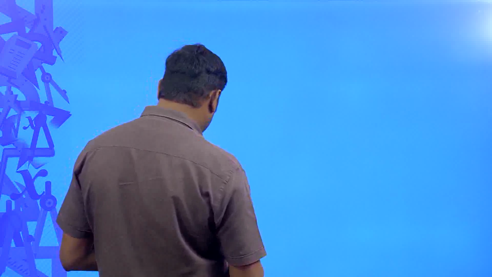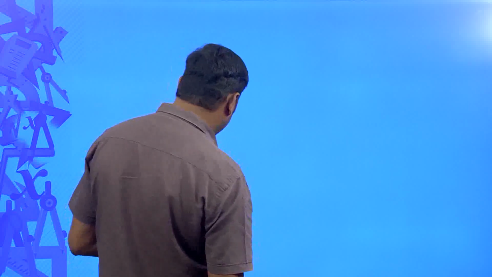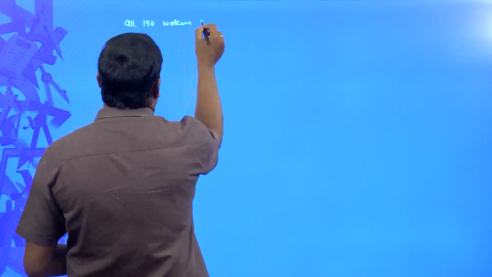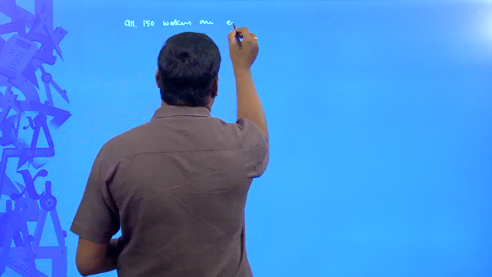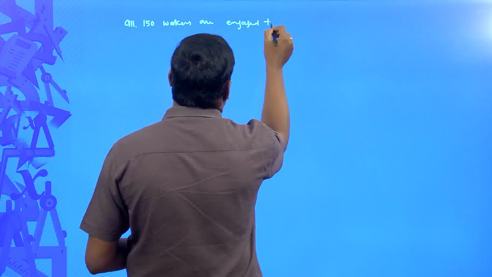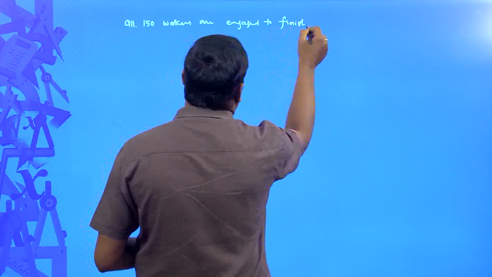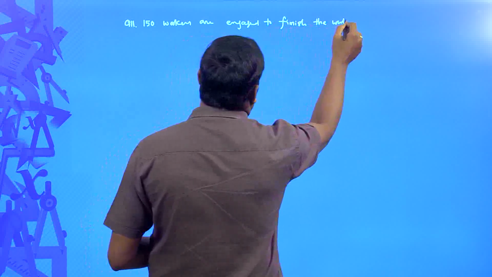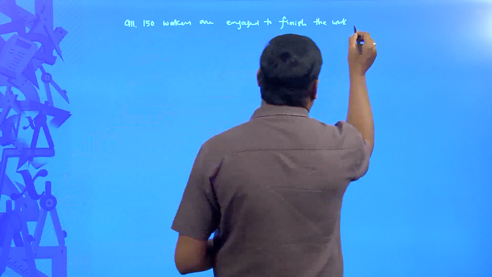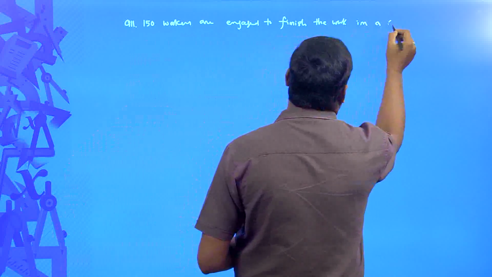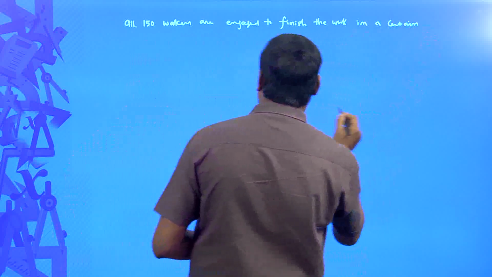I am going to write that problem on the board, okay, and try to understand. 150 workers were engaged to finish a piece of work in a certain number of days.